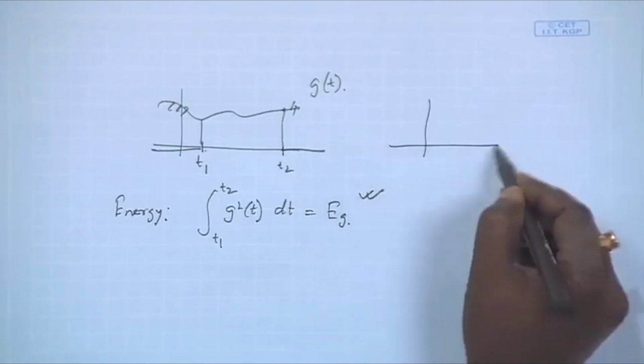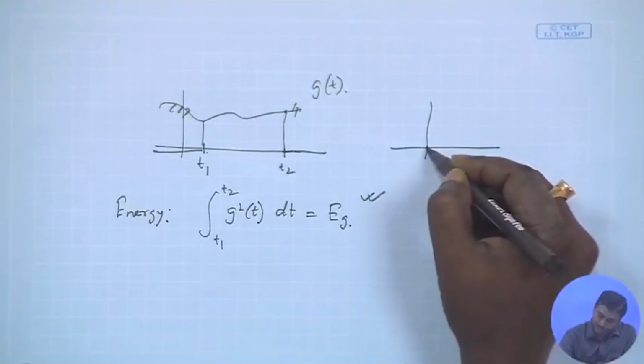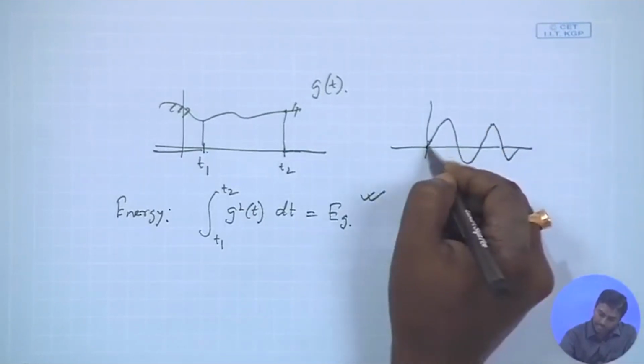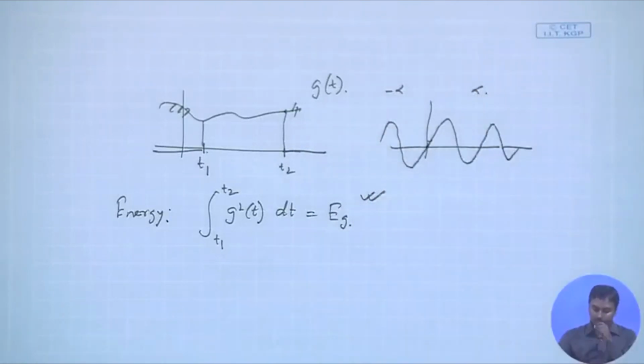Suppose the signal we are talking about is a sinusoidal. It goes something like this, and it stretches from minus infinity to plus infinity. Of course, if we try to measure the energy of this signal, you can immediately see that it will go to infinity.